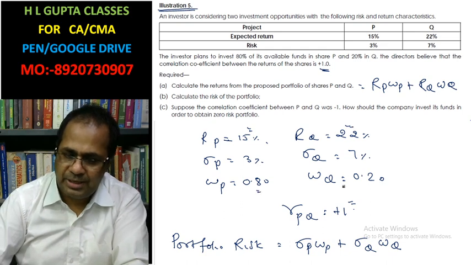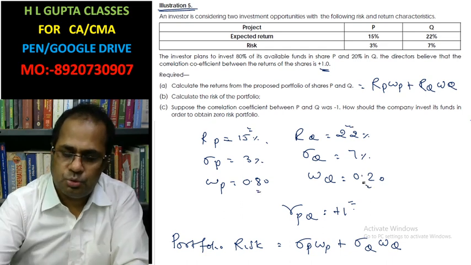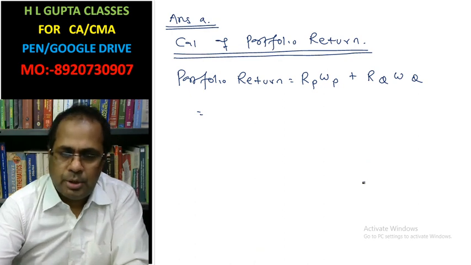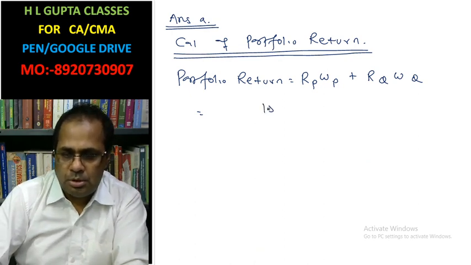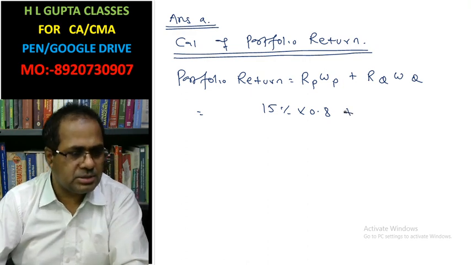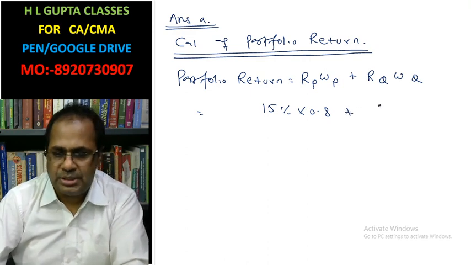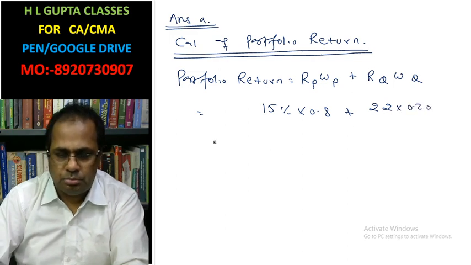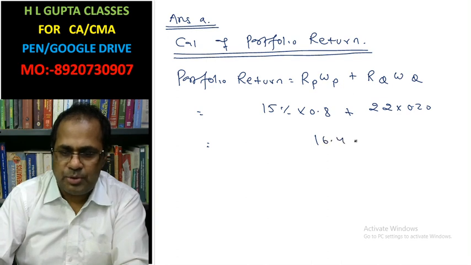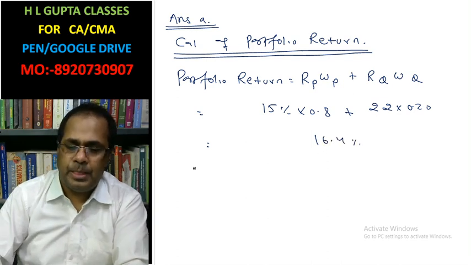Weight is 0.8 and 0.20. Now, 15% into 0.8 plus 22% into 0.20, that is 16.4%.